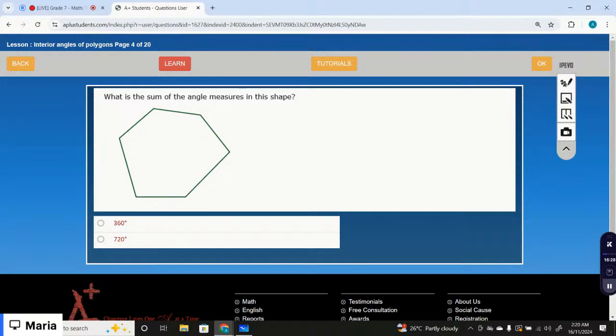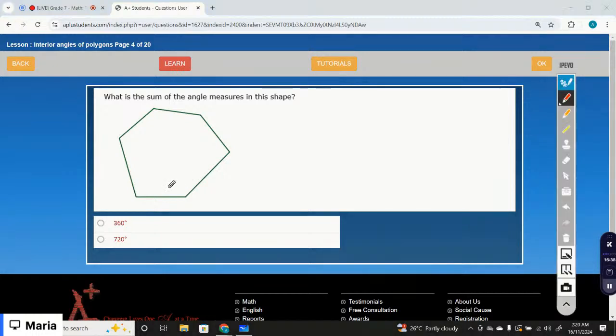What is the sum of angle measures in this shape? So let's just see, the pentagon is made up of how many triangles? One, two, four triangles. One, two, three, four triangles. Right?